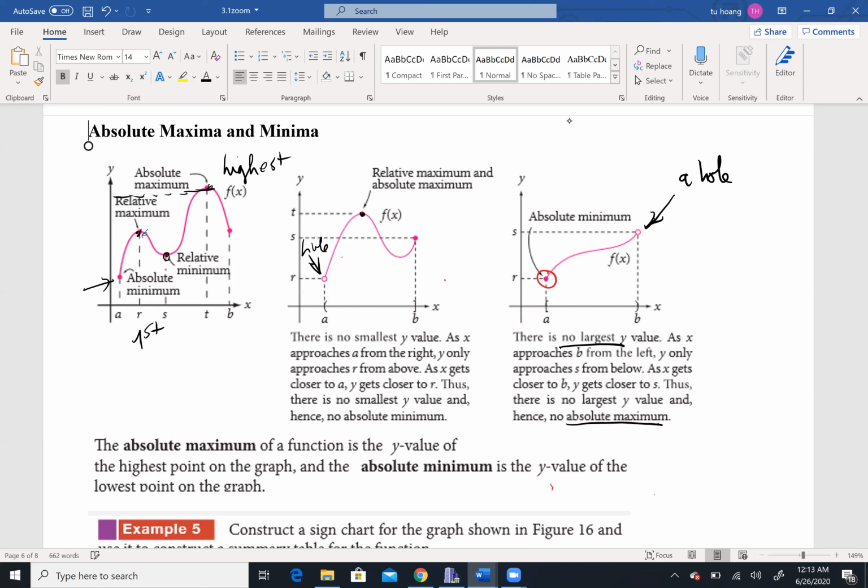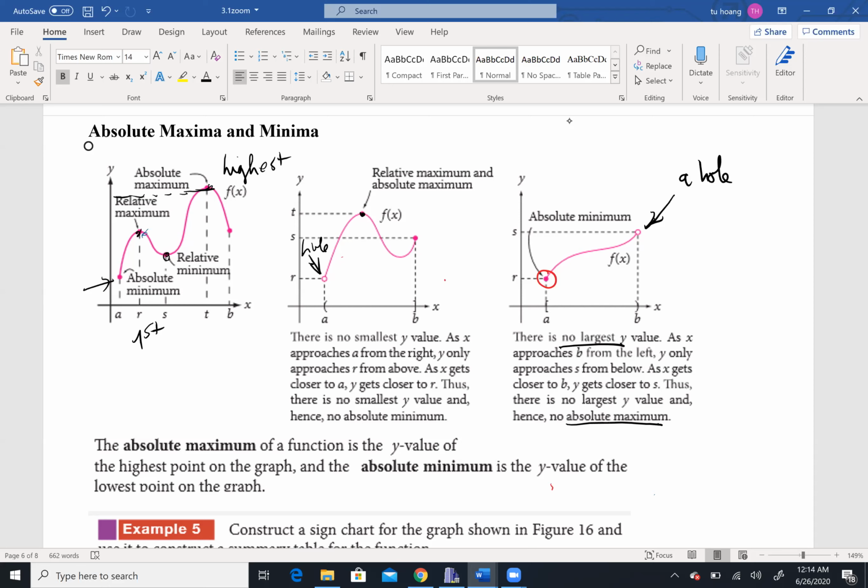Similar to the absolute maximum in the third case, we have no absolute minimum for this second case since there is a hole at the lowest value of the graph of the function.